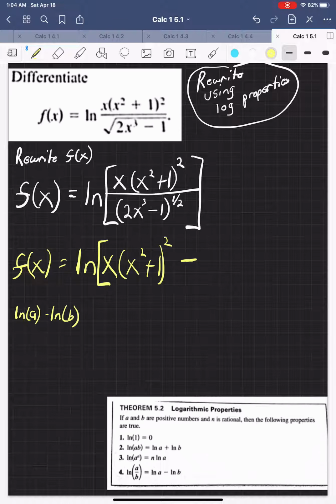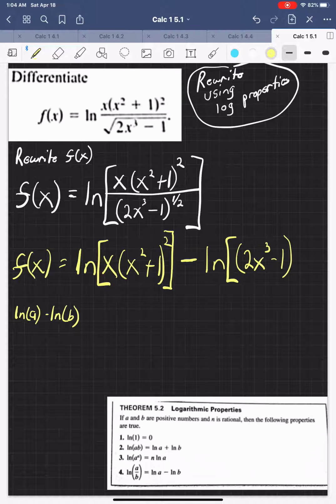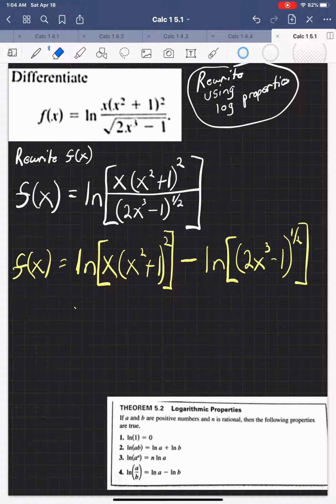Minus ln of the denominator. And so that's minus ln of (2x cubed minus 1) to the power of 1/2. Now I'm going to delete those log properties in just a second, just to give me more space. But right now I'm stuck in the rewrite phase.